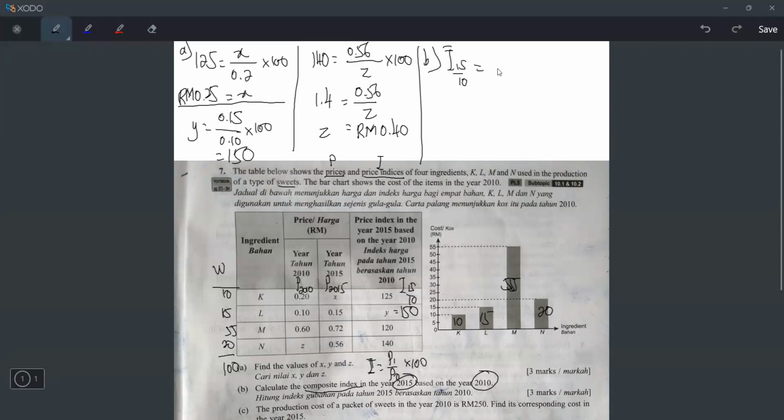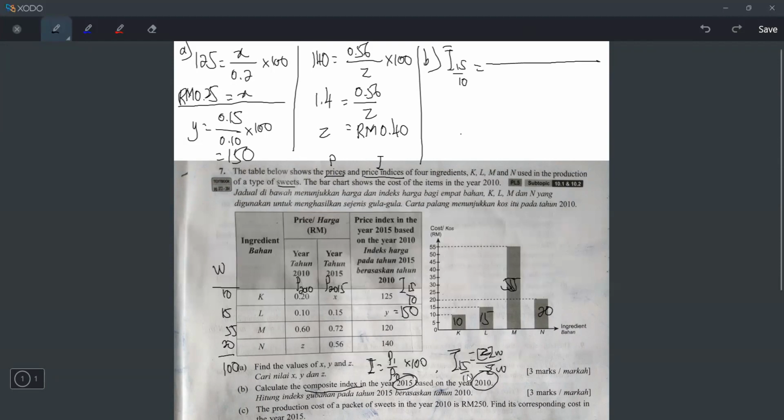What's the formula for the composite index? Sum of I times W over sum of W. But they want 2015 over 2010, so the I must match 15 over 10.